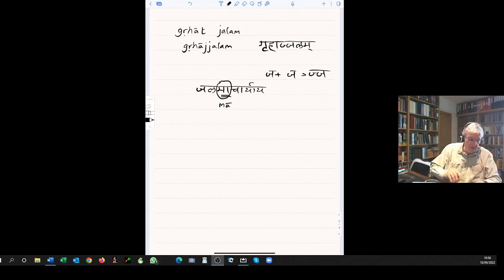Now, turn over to page 116. Sentence G. Rama, katam duhkam jayasi. Here we've got a very good example of the jayasi being used as a parasmaipada, conquer.